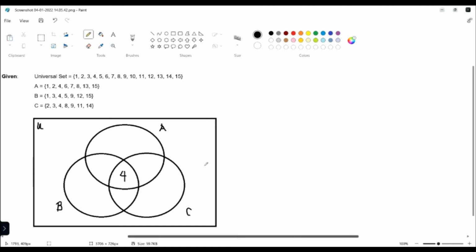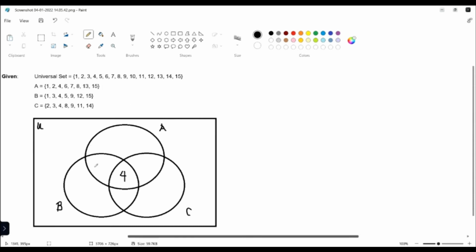Next, consider A and B. Aside from the common element 4, what are the other common elements of A and B? 1 and 15 po. 1 and 15.